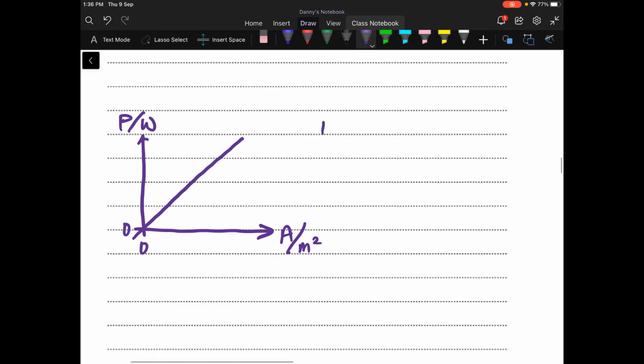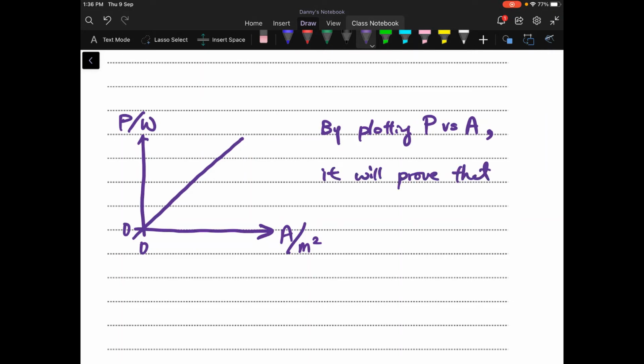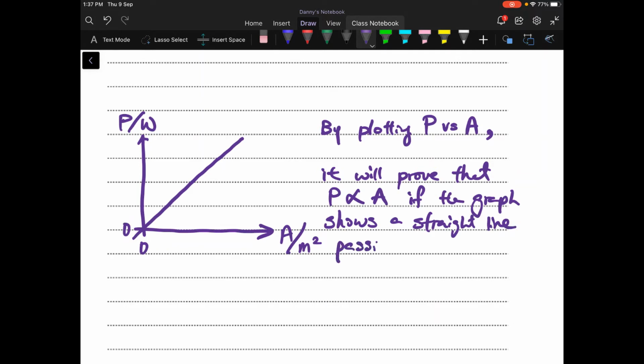So I have to say that by plotting P versus A, it will prove that P is directly proportional to A if the graph shows a straight line passing through 0, 0.